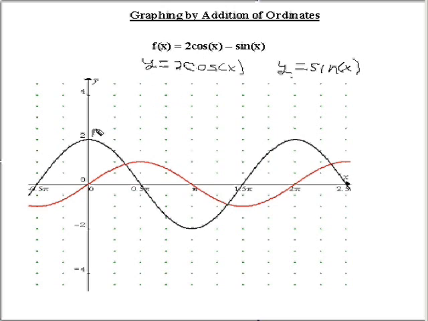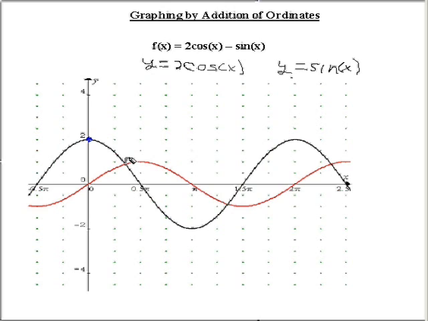Well, that means that wherever one of the graphs intersects or intercepts the x-axis, has a y of 0, it's real easy to figure out what the result of the subtraction is. In this case, our 2 cosine x has a y-coordinate of 2 and the sine x has a y-coordinate of 0, so obviously the 2 stays.